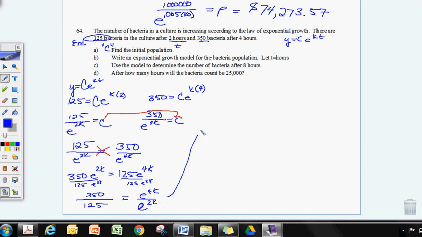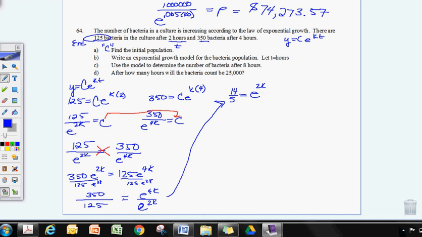Which now lets me simplify 350 over 125 to 14 over 5. And remember when we have these, we can subtract their exponents if their bases are the same. That's the same as e^(2k).